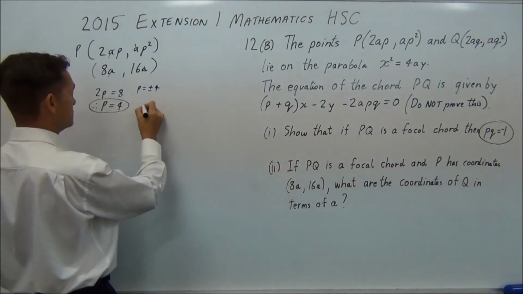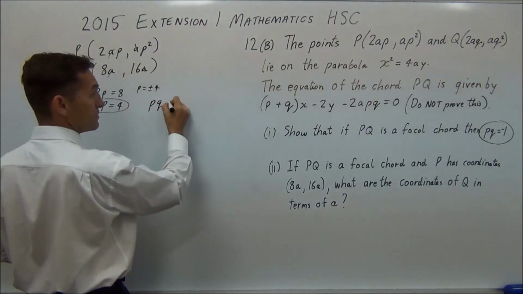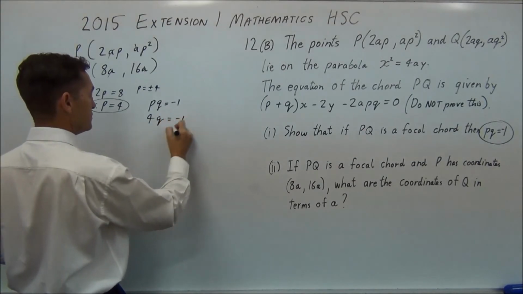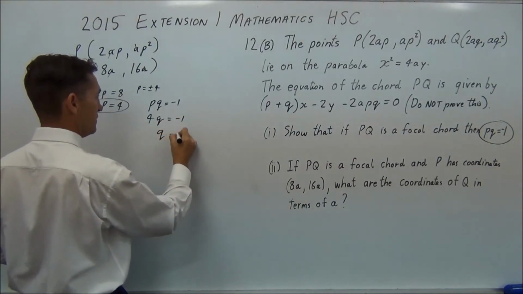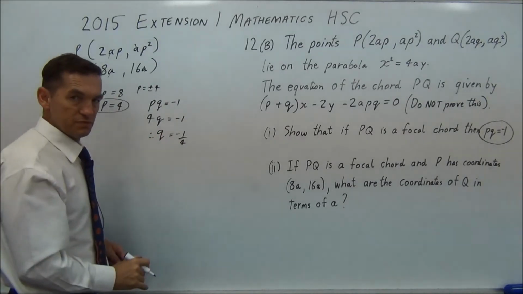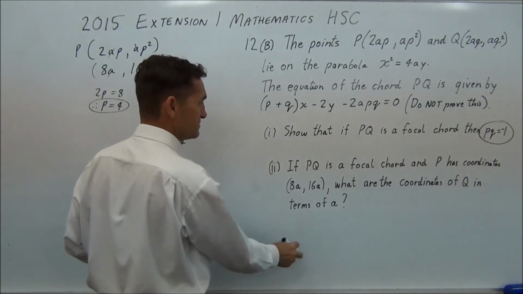So we've got P equals 4, so we're going to write PQ equals minus 1. Put the 4 in, so 4Q equals minus 1, so Q equals minus a quarter. And that would be your first move. Stay alert.